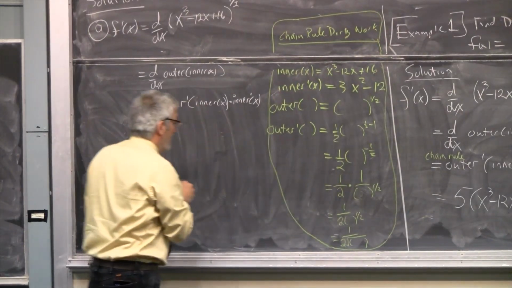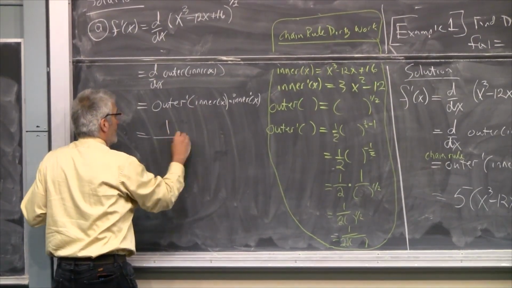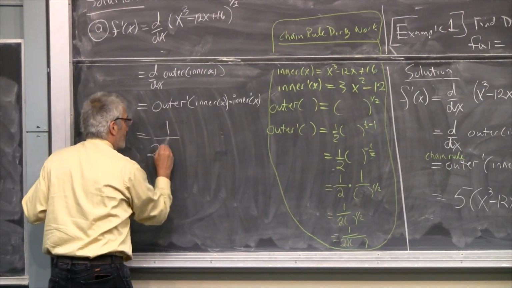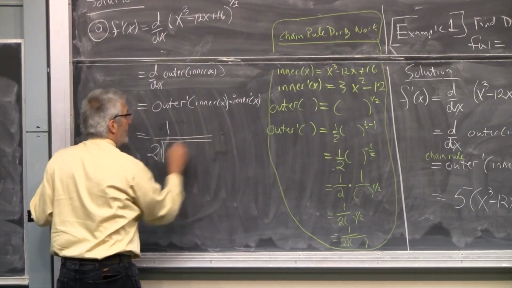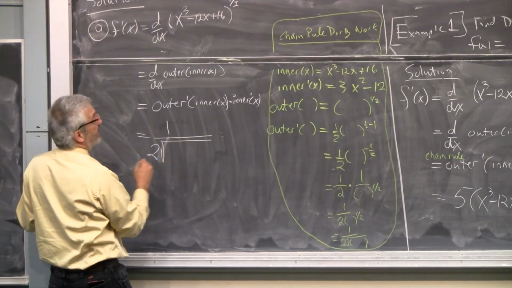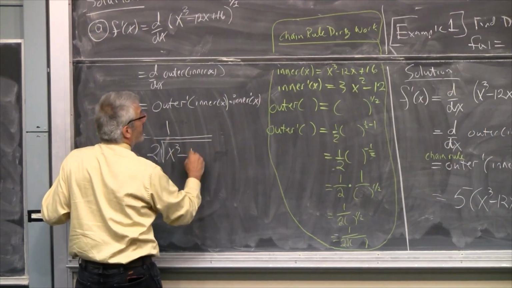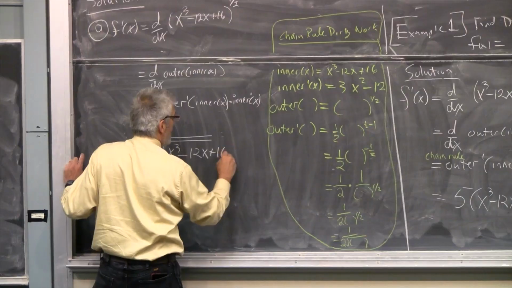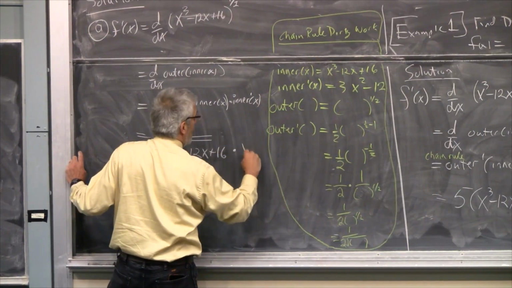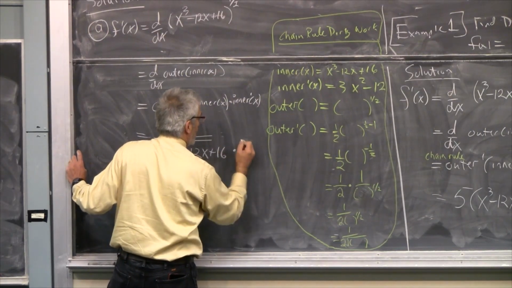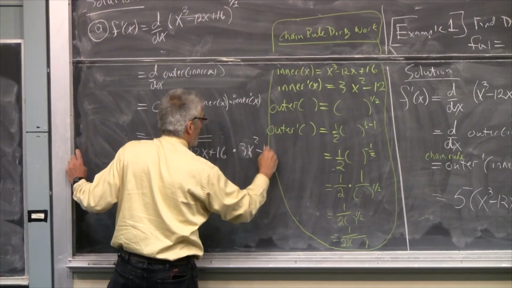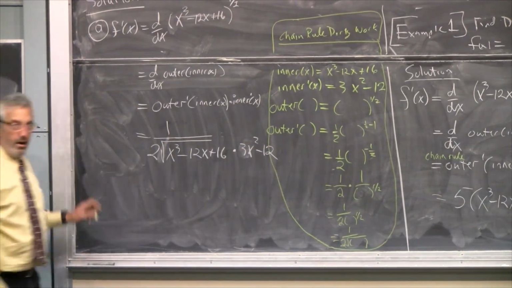And then you assemble all of those and you get 1/2 square root of, then I've got to have x cubed minus 12x plus 16 times 3x squared minus 12. How did I do?